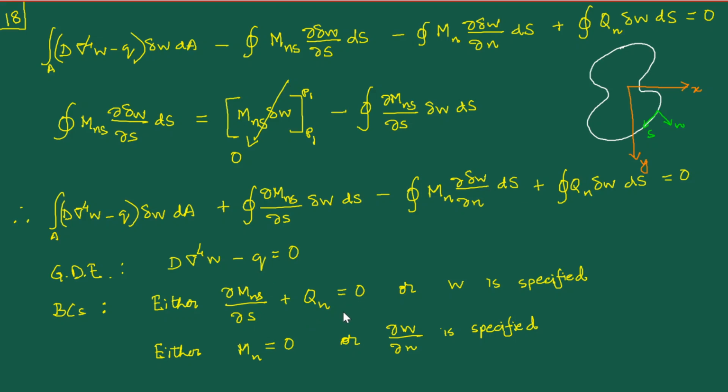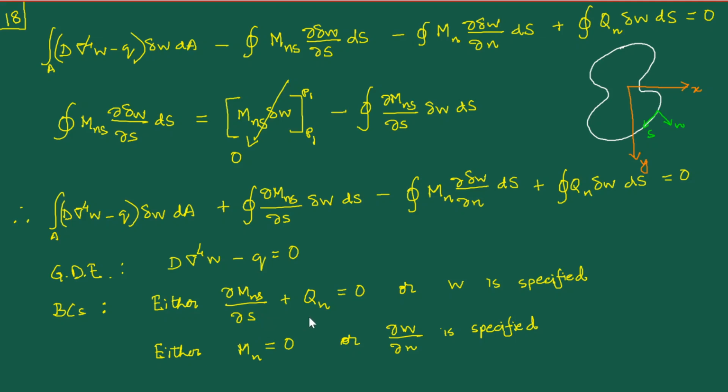And of course you will have the appropriate condition from this statement also. In fact you will have this mn equal to 0, because a free part of this periphery would not have any slope specified there, so it is this condition which would again be applicable. So depending on the kind of problem that we are handling, we'd have to choose the appropriate boundary conditions.